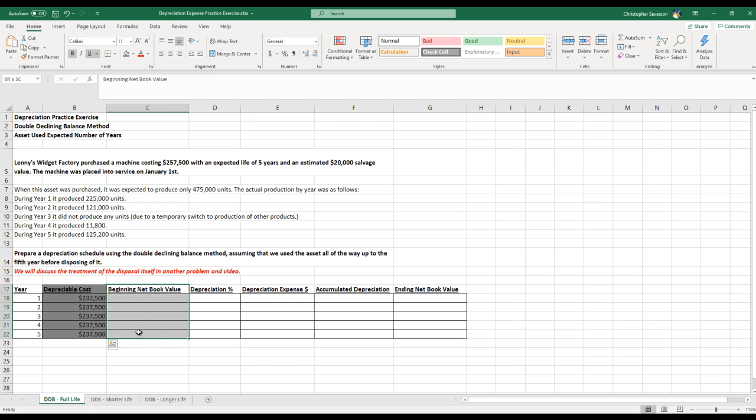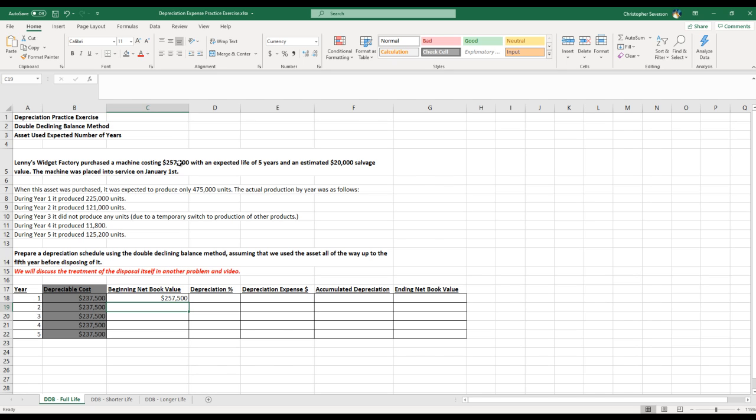Instead, what we're going to use is this beginning net book value. And double declining balance, that method is a little bit unusual compared to all of the rest in that we start our depreciation using the full cost, the $257,500, rather than the depreciable cost. So our beginning net book value is indeed historical cost.